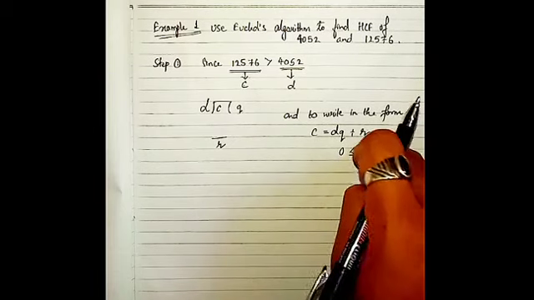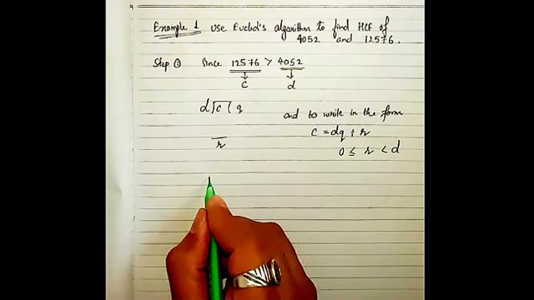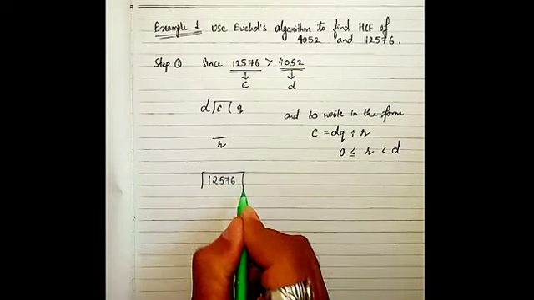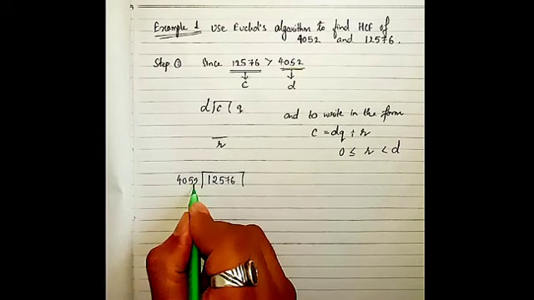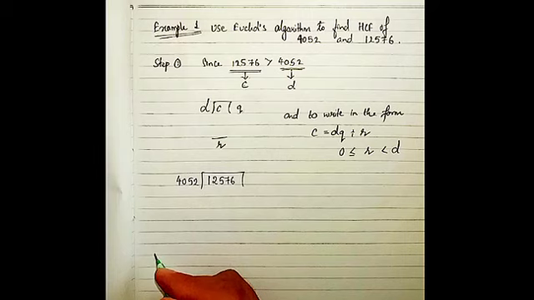And if I get the remainder 0, then I will stop my procedure. So let us begin our procedure. First, 12,576 divided by 4,052. It has already been solved in the textbook.